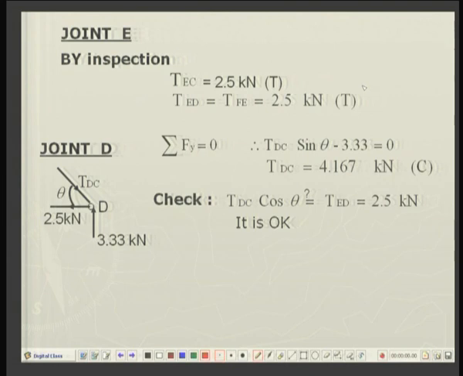Well, just one unknown force needs to be calculated, TDC, that is we will have one equation, sigma of Fy, sum of the vertical forces is equal to 0, which will give us TDC is equal to 4.167 kilonewtons.